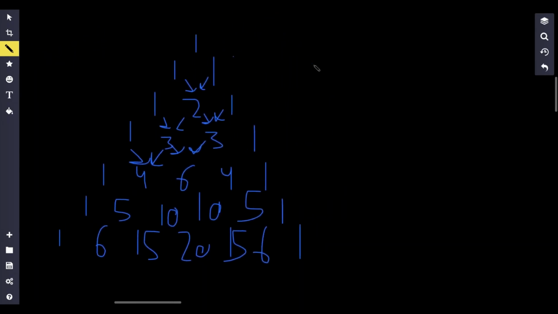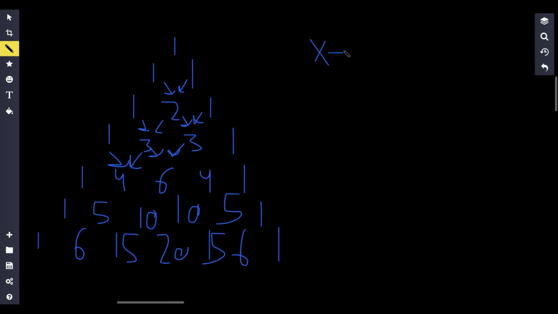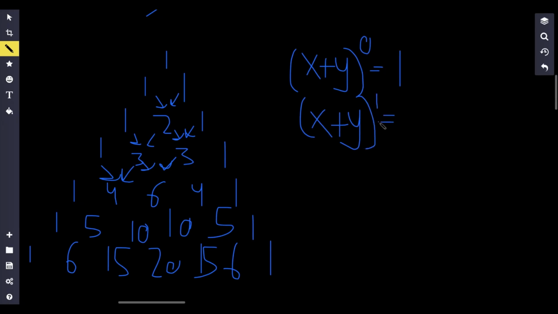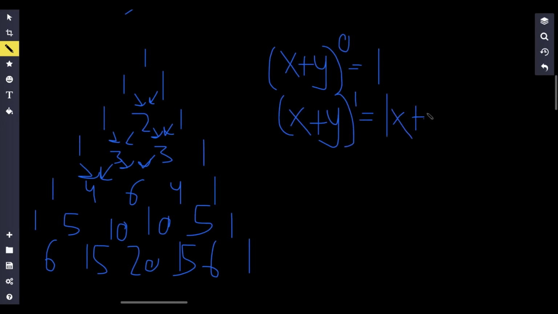Pascal's triangle is great because, let's say we have x plus y to the 0th power, that's equal to 1. If I have x plus y to the 1st power, that's going to be equal to 1x plus 1y, right? Because it's the 1st power.